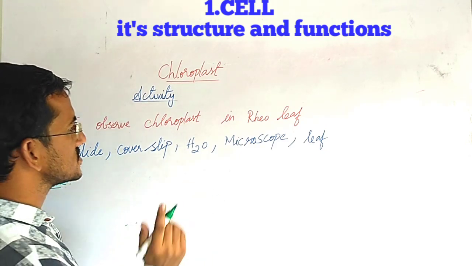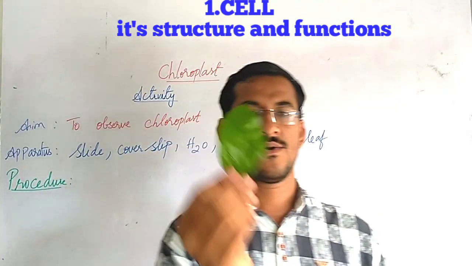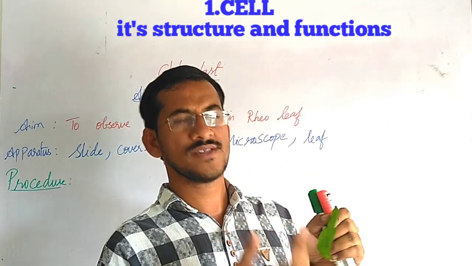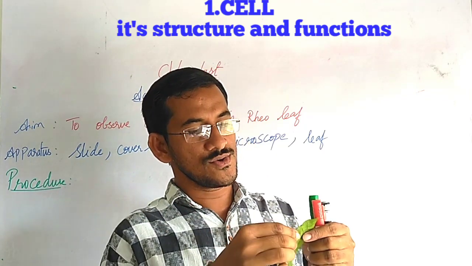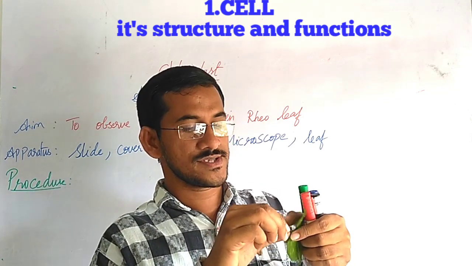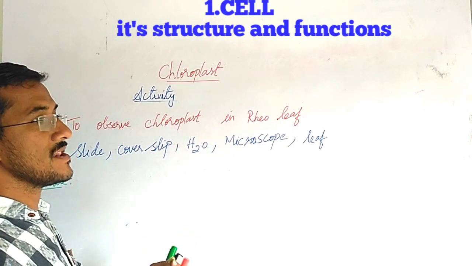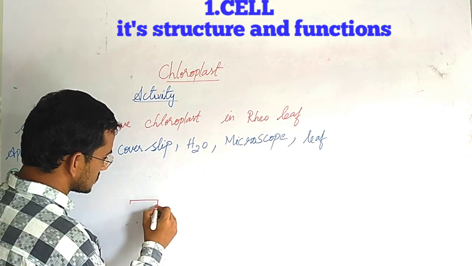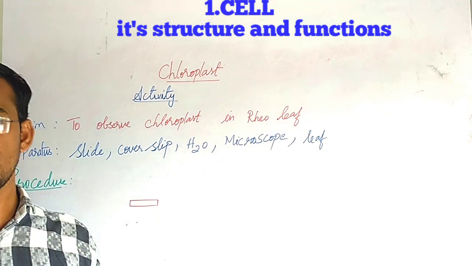Procedure. Now in the procedure, take a rheo leaf. Now this is a leaf. This is not a real leaf, but think this is a real leaf, or you can see chloroplast in any leaf. So you tear the upper peel of this, and you keep this peel on a slide. A slide is a small rectangular thin transparent glass material.